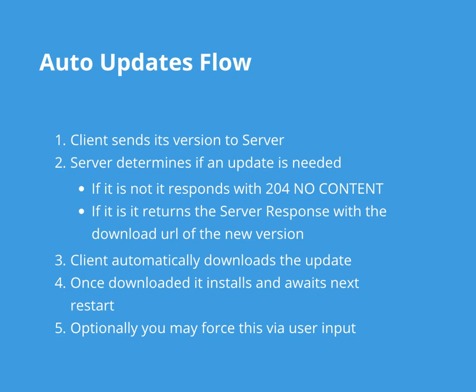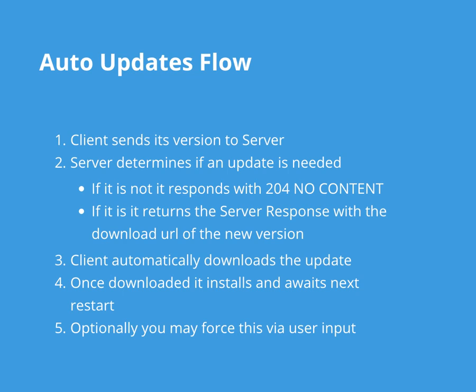So the way auto-update works is that once you activate it on the client, and the way you activate it is by giving the URL of the endpoint of your server, it will check with the server and it will report the version that it is currently installed.